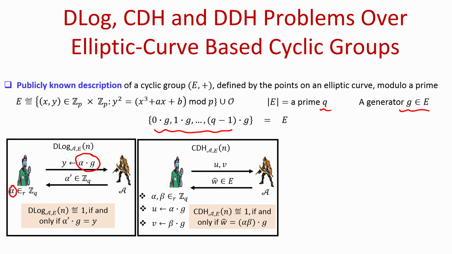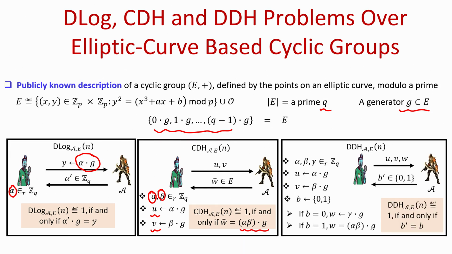The CDH problem is: the challenger has picked two random points from the elliptic curve by picking the indices alpha and beta and computing alpha times g and beta times g, and the goal of the adversary is to compute the Diffie-Hellman function without knowing alpha and beta.